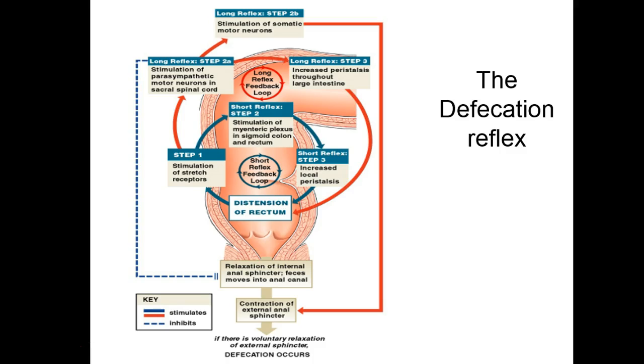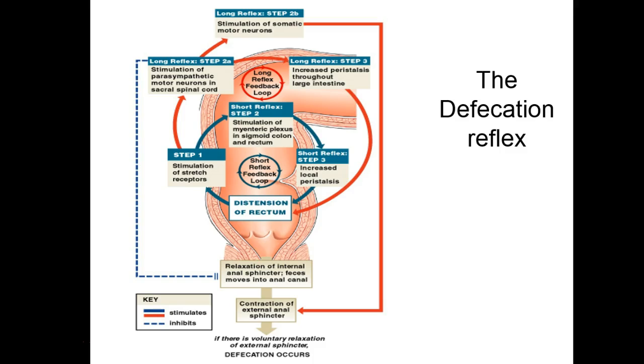So you have fecal matter stretching areas wherever it's existing, so stretch reflexes. That's going to stimulate the muscles for one thing, but it's also going to stimulate the parasympathetics via the sacral portion of the parasympathetics.